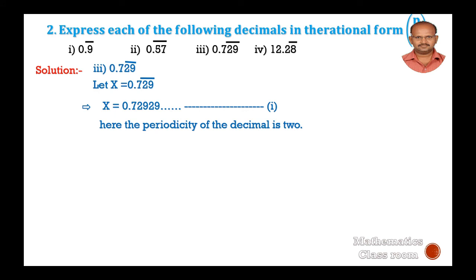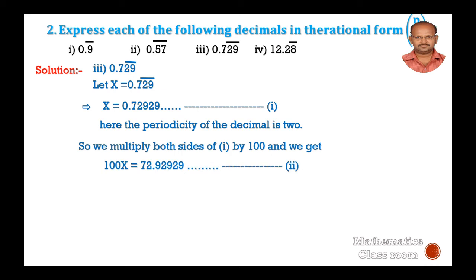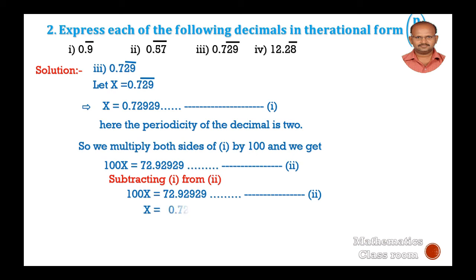So we multiply both sides of 1 by 100 and we get 100x is equal to 72.92929 and so on. It is equation number 2. x is equal to 0.72929 and so on.